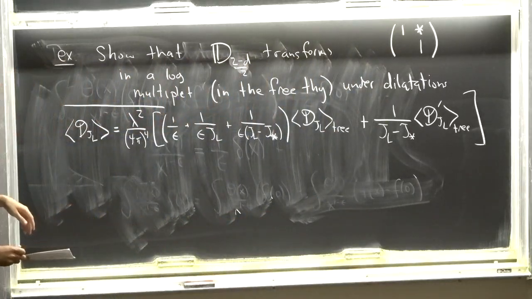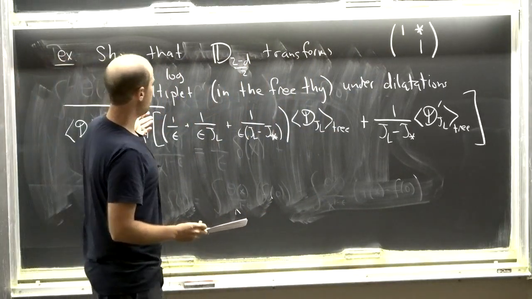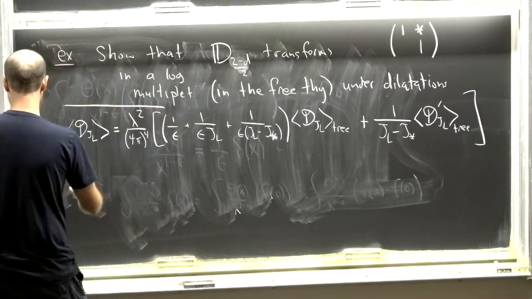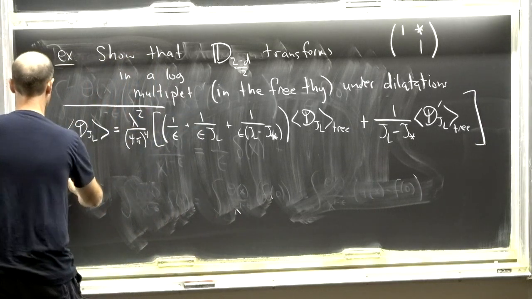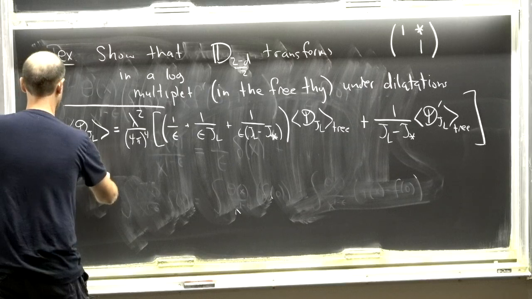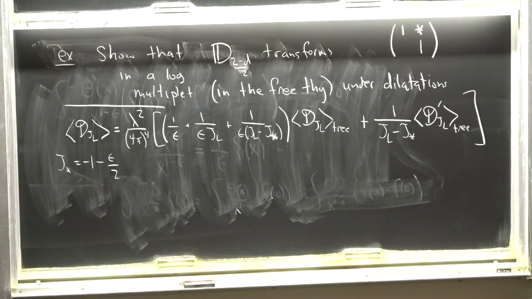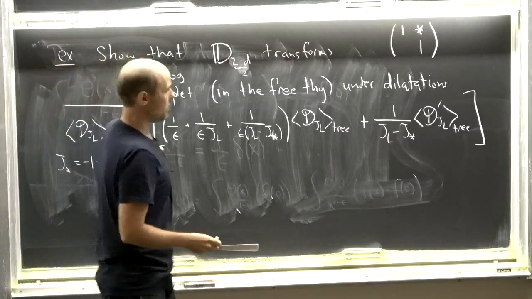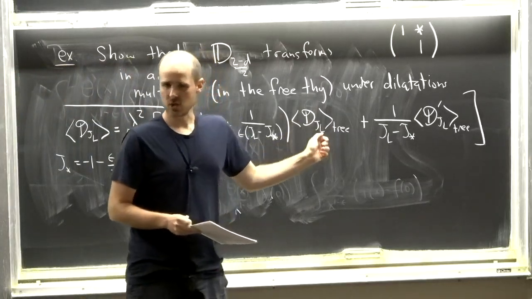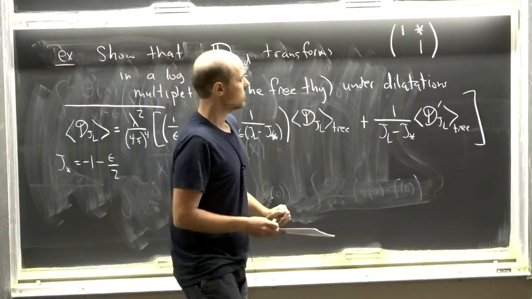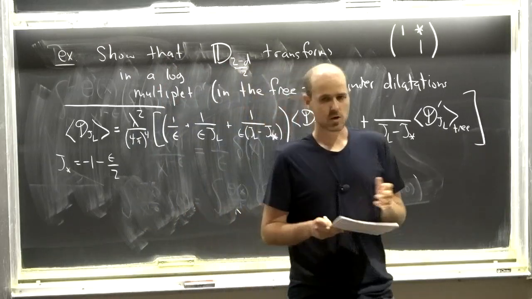So how should we think about these poles? By the way, J star is minus 1 minus epsilon over 2. Okay, some value of J. So how should we think about these poles in J? Like, should we worry about them? So what is our goal?